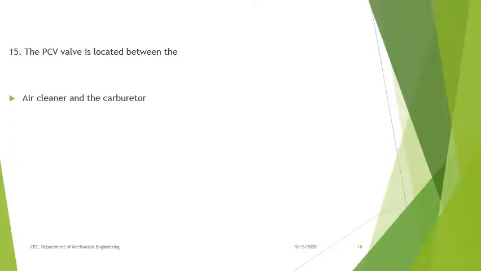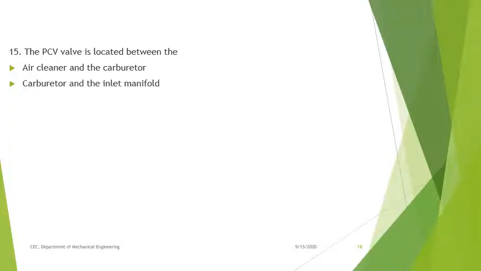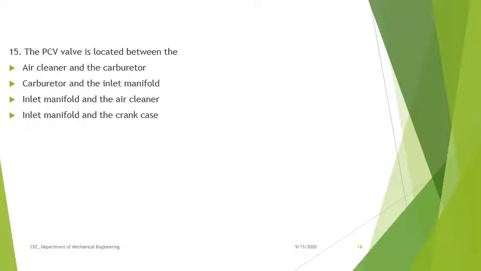The PCV valve is located between air cleaner and carburetor, inlet manifold and the air cleaner, or inlet manifold and the crankcase. Here PCV valve is known as positive crankcase ventilation valve.